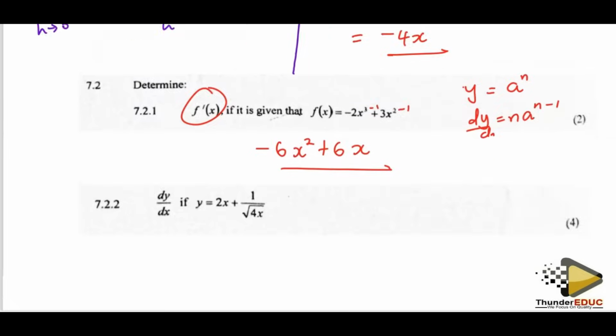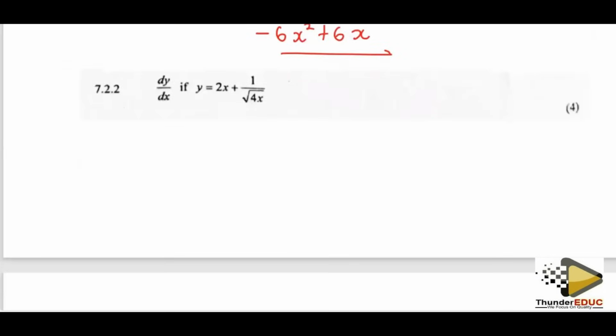Then 7.2.2. Whenever we have square roots, try to eliminate those roots and rather write it in the form of exponents. So this would be the same as 2x plus 1 over, I know that the square root of 4 is 2, and the x I'm going to write as exponent a half.